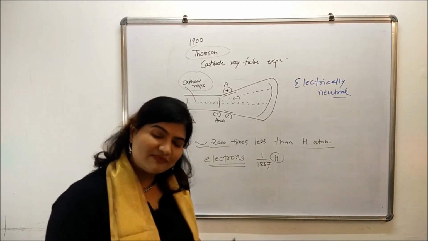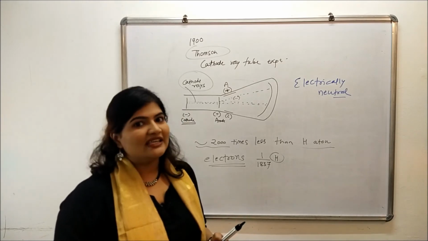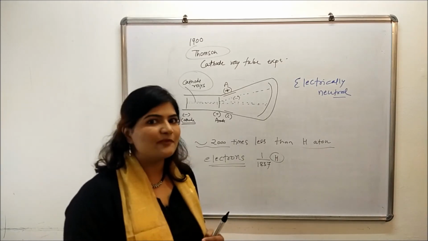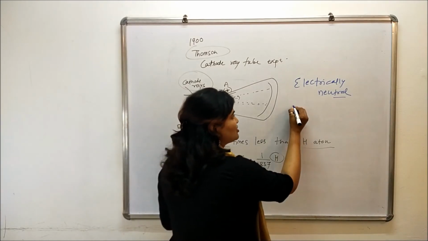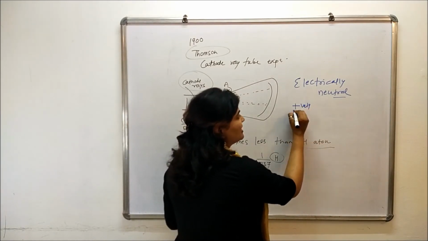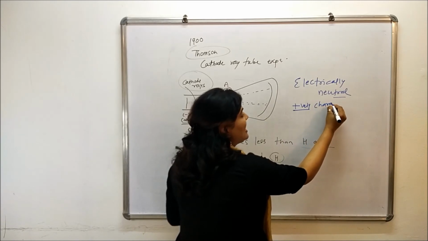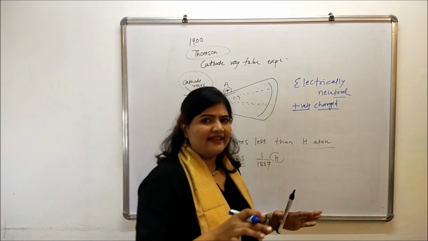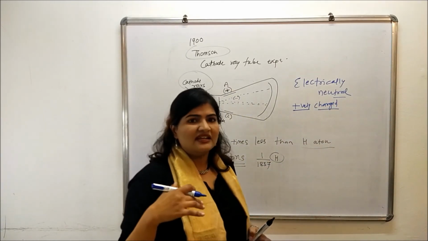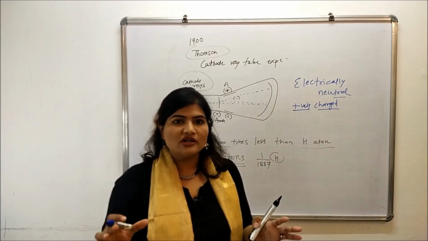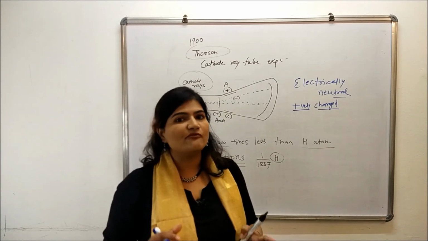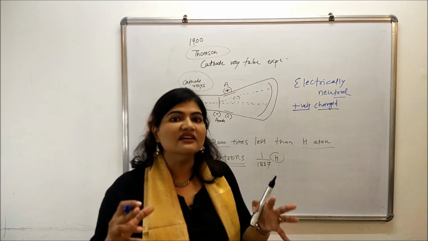Thomson himself thought that if there are negatively charged particles, to counterbalance the charge there must be positively charged particles also. But he did not name or discover those particles. He only assumed the presence of positively charged particles inside the atom.